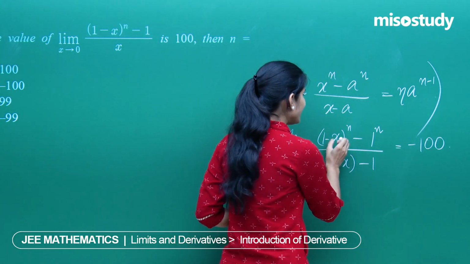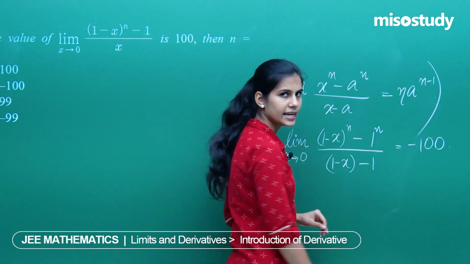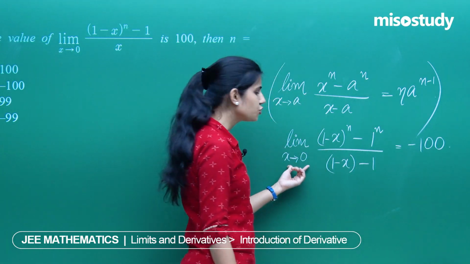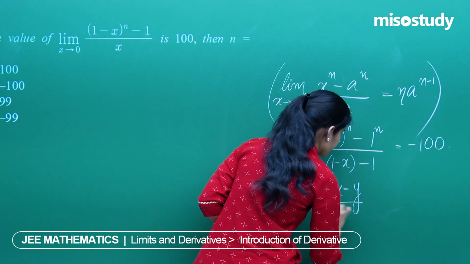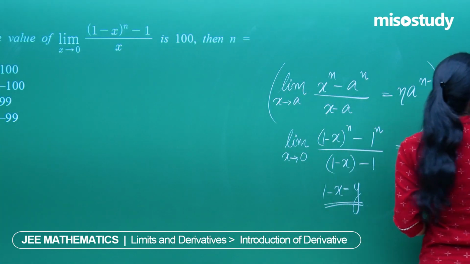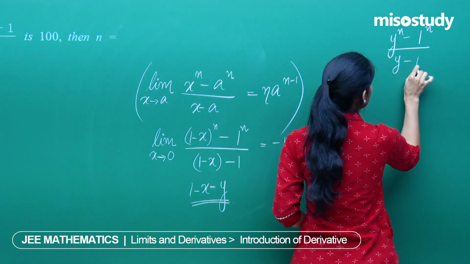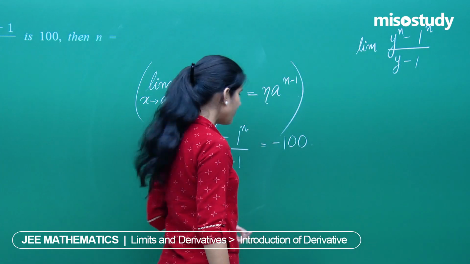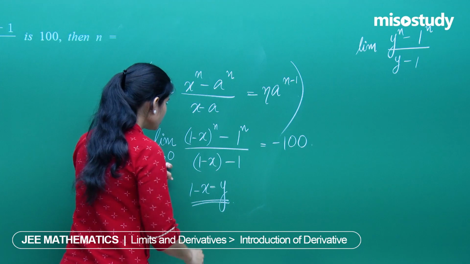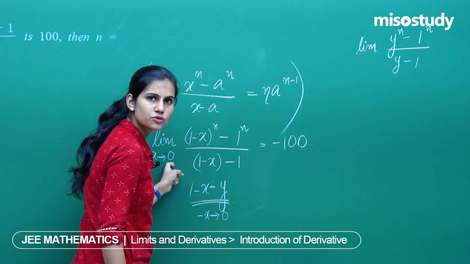Why? Y to the power n minus a to the power n whole upon y minus a, I only need that y should tend to a. So if I take 1 minus x equals y, I have y to the power n minus a to the power n whole upon y minus a. What I just need is limit y approaches to 1, and that is very simple. If x is approaching to 0, minus x also approaches to 0.